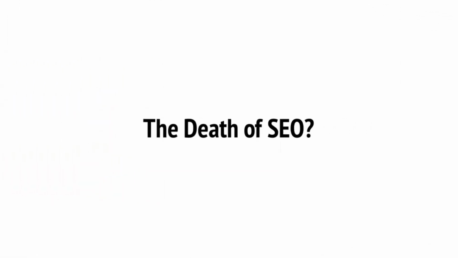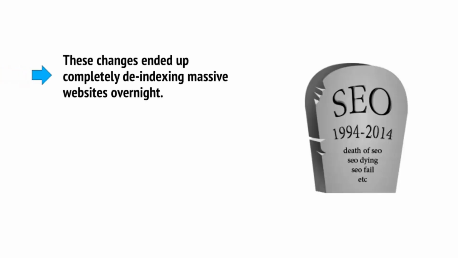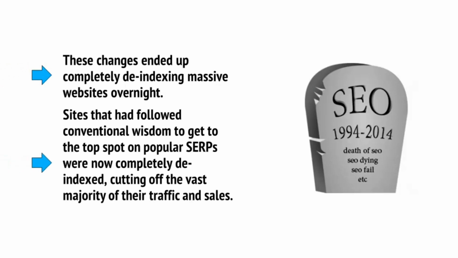It's hard to overstate just what the impact of these algorithm changes had on the SEO industry at the time, and on countless other industries as well. These changes ended up completely de-indexing massive websites overnight. Sites that had followed conventional wisdom to get to the top spot on popular searches were now completely de-indexed, cutting off the vast majority of their traffic and sales.